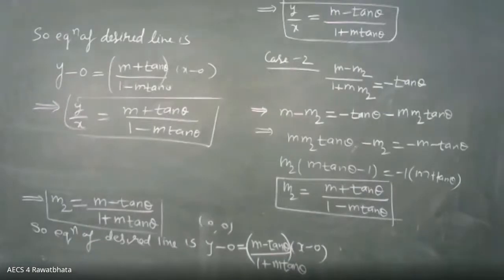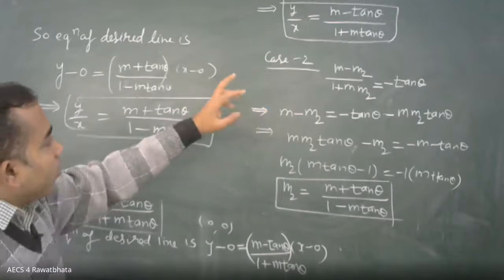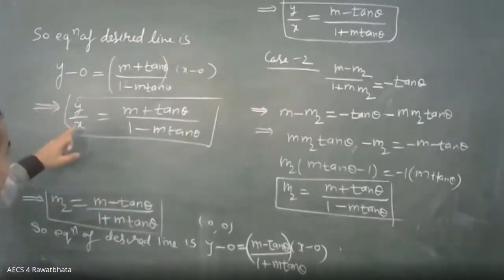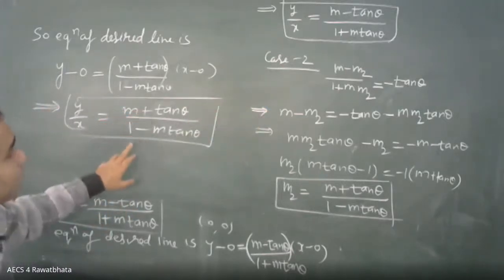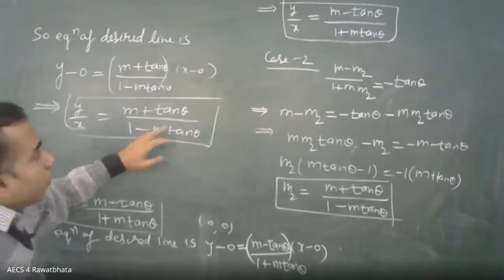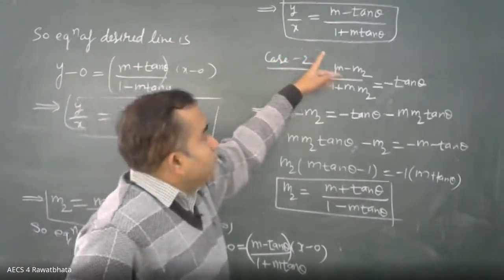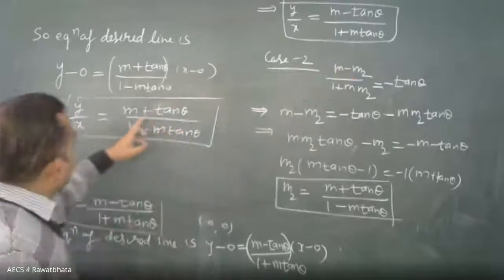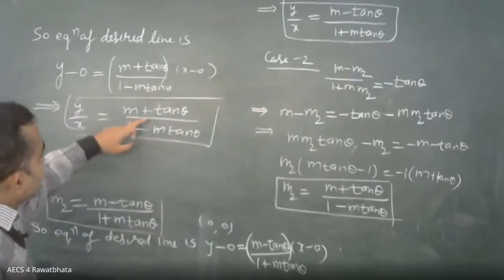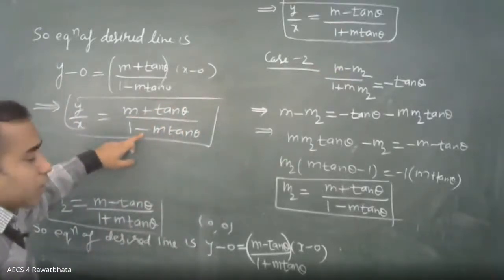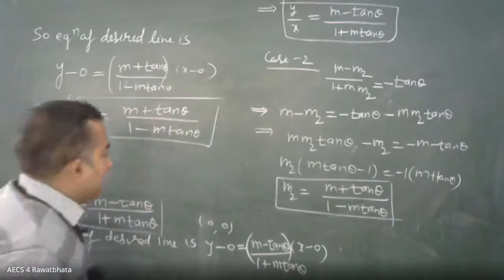So two answers we have got. The first answer was y upon x equal to m minus tan theta upon 1 plus m tan theta. The second answer is y upon x equal to m plus tan theta upon 1 minus m tan theta. If the numerator has minus, then the denominator sign is plus, and if the numerator contains plus, then the denominator has minus. So we can combine these two answers.